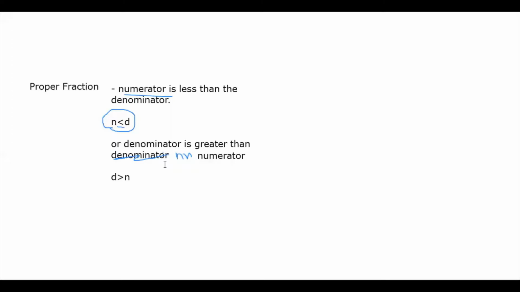So sorry for the typo. We're just human, always committing mistakes. That mistake turns out to be our new learning. Okay, don't forget that. So we have denominator. The symbol of greater is like this, greater than the numerator.